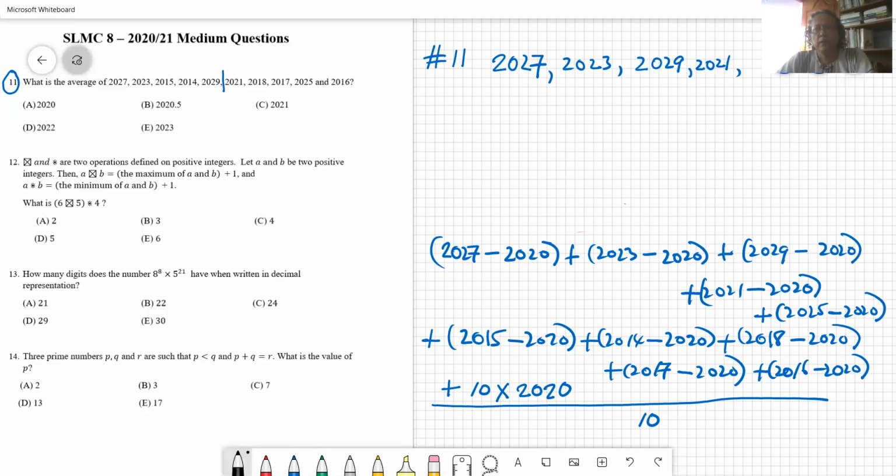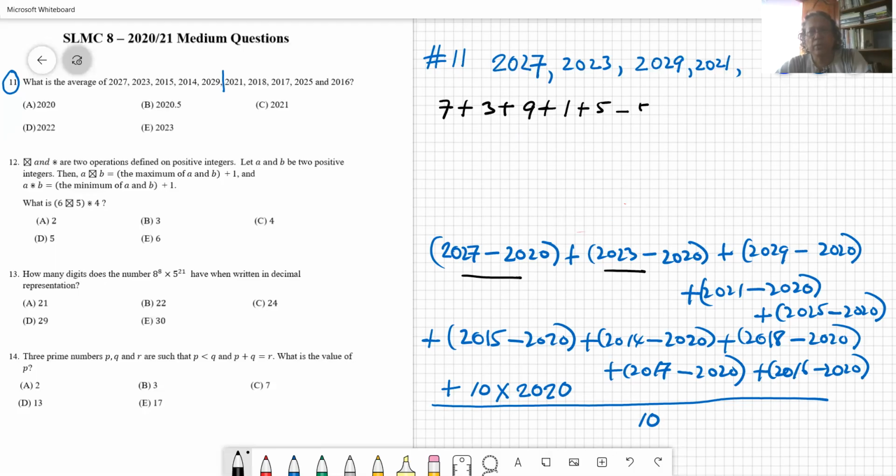Now let's calculate these differences. So we have 7 plus 3 plus 9 plus 1 plus 5, and then we have the differences of smaller numbers with 2020.